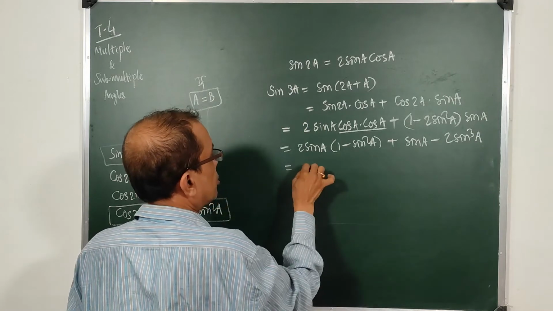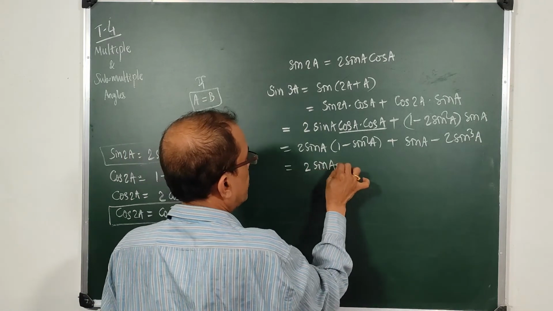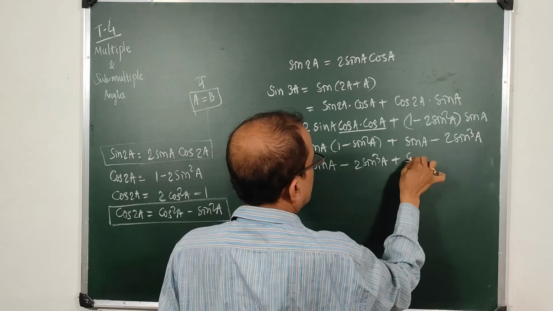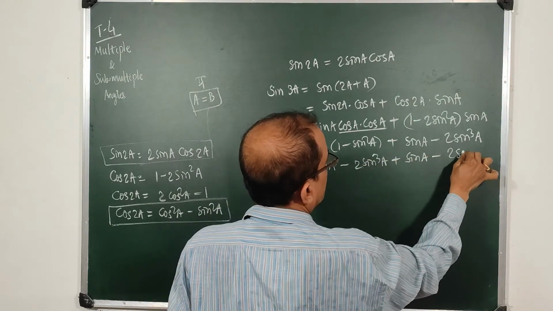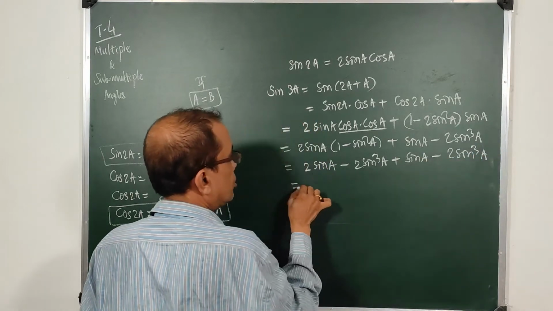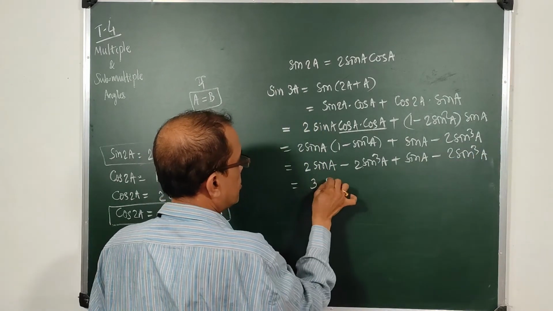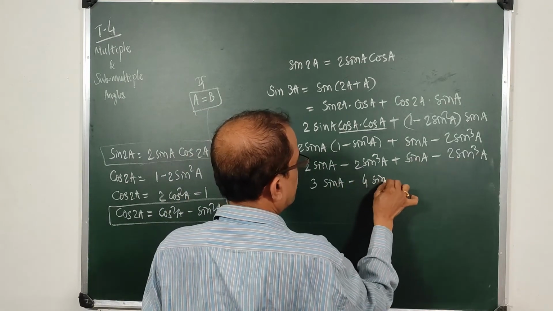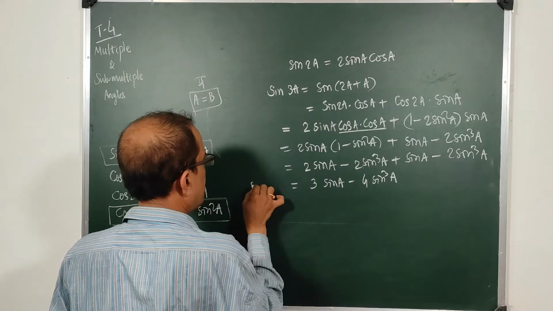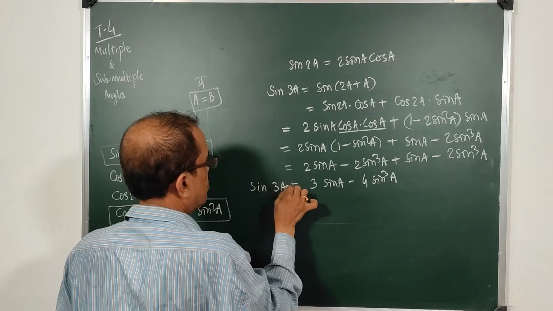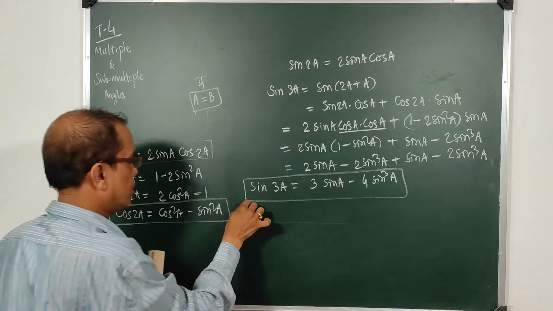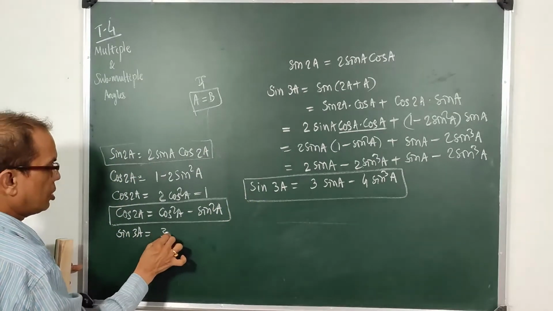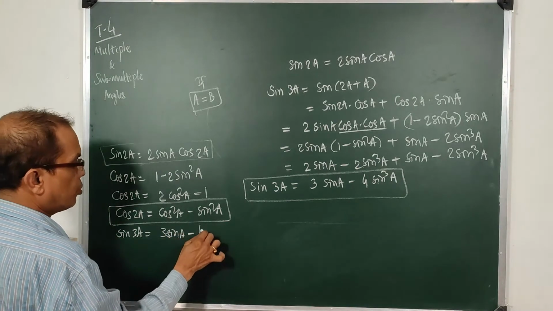Simplifying, 2 sin a minus 2 sin cube a plus sin a minus 2 sin cube a. Here we get 3 sin a and 4 sin cube a. So sin 3a became this; we have got a formula. Let us keep it here: sin 3a is 3 sin a minus 4 sin cube a.